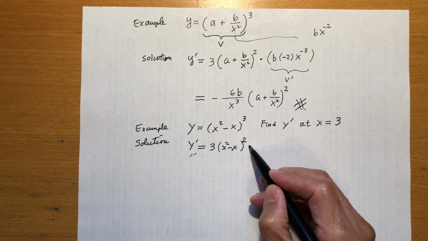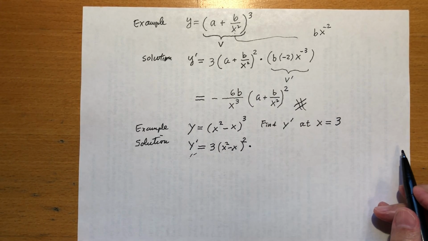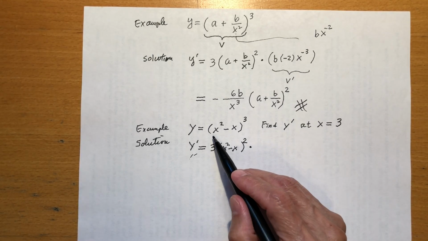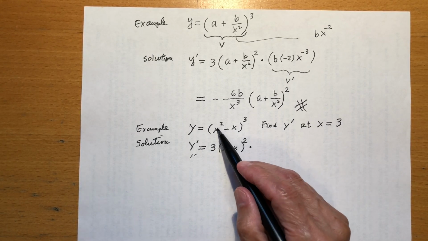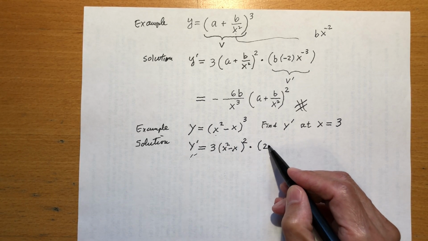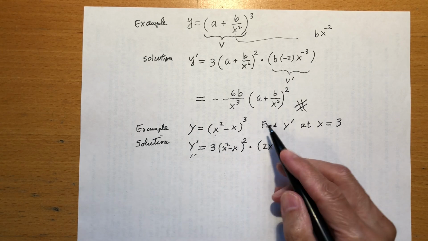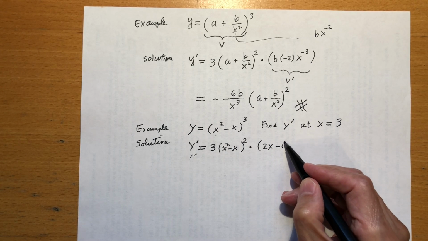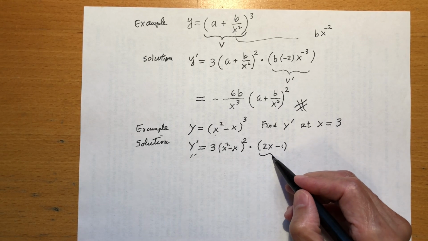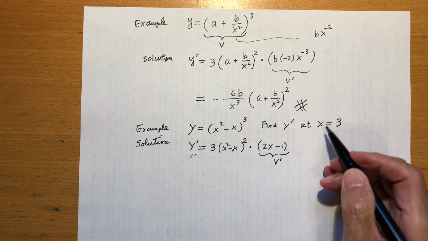So this is not the end. The general power rule says I need to multiply the derivative of this part. So the derivative of this part is 2x minus 1. So that is my v prime.